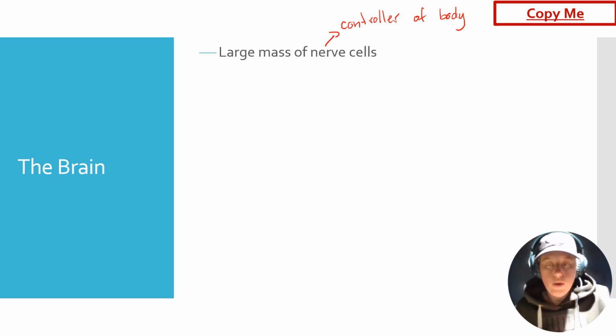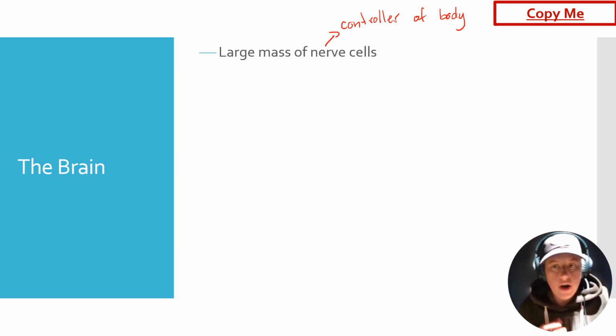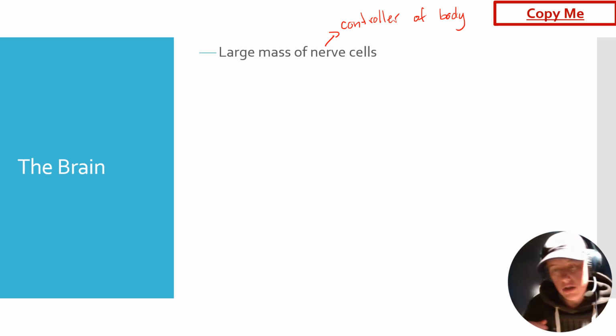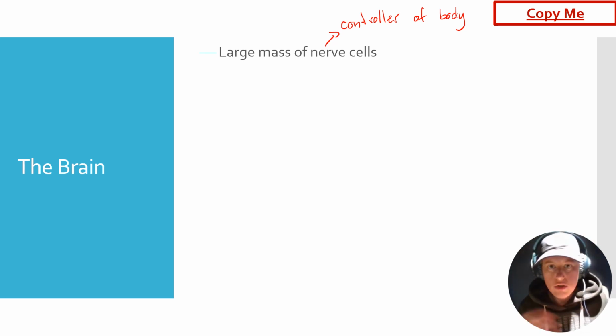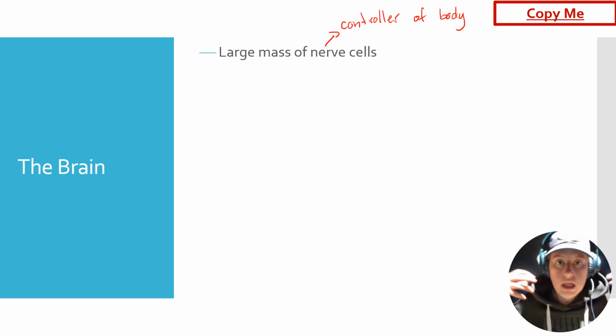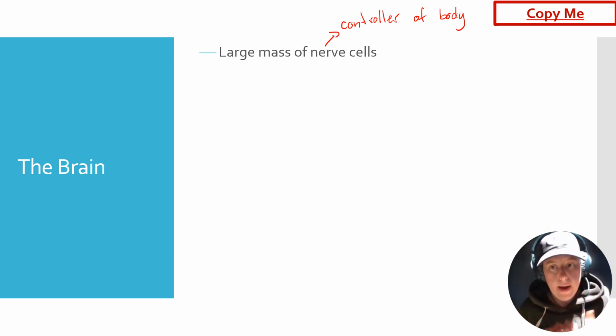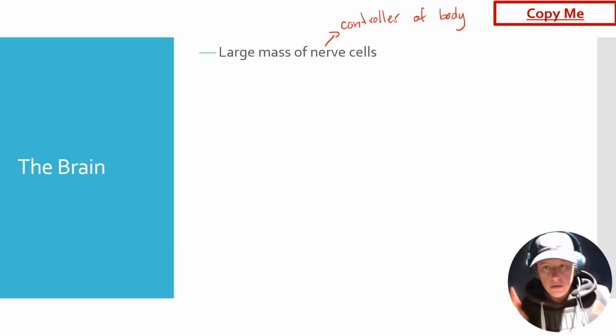It determines what's happening. It releases hormones and neurotransmitters, causing your different organs to function in sync with each other. So it needs to have a very, very large mass of nerve cells to be able to do that.